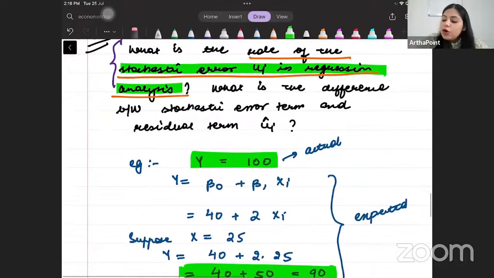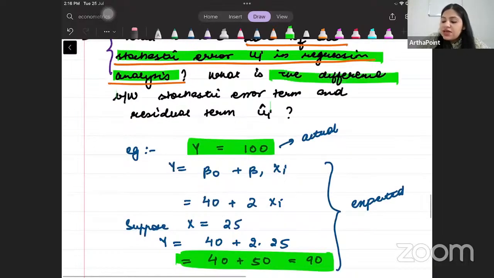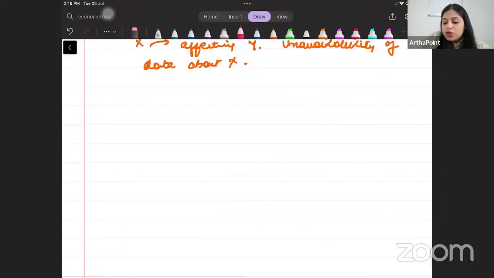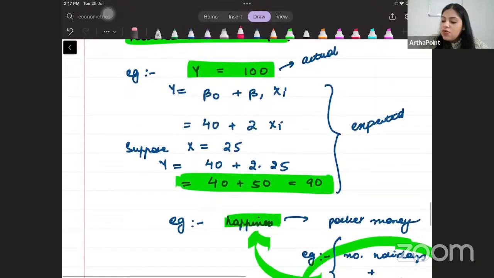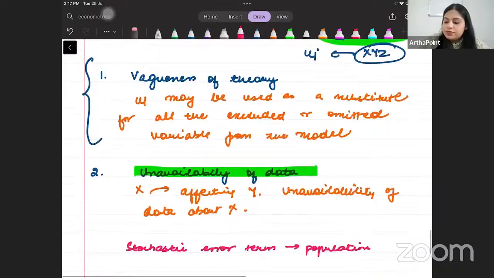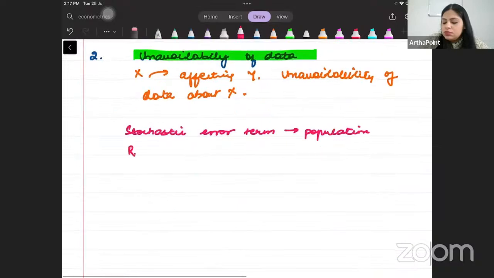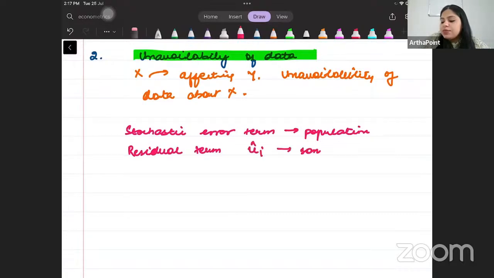And second, it is asking: what is the difference between the stochastic error term and the residual term? The stochastic error term is in the population. But the residual term is in the sample.